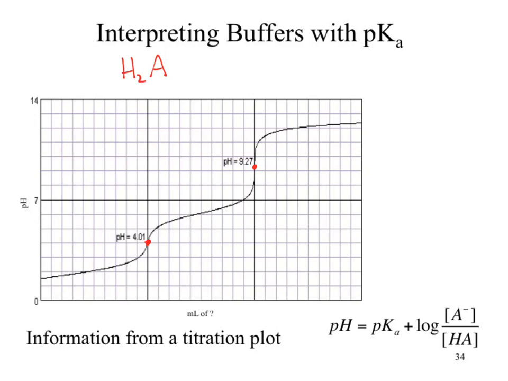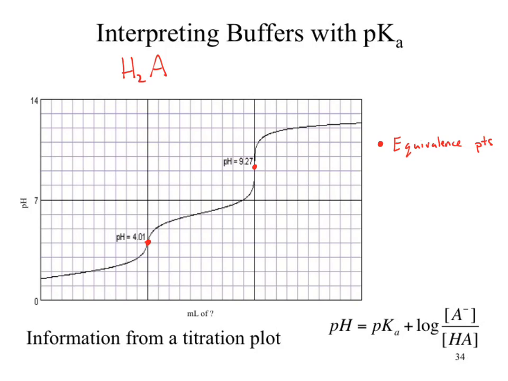Okay. So those red dots, this thing is going to get really, really full of information. So I'm going to try and key this. So these are our equivalence points. And we're going to add some information about what happens at the equivalence point here in a second.